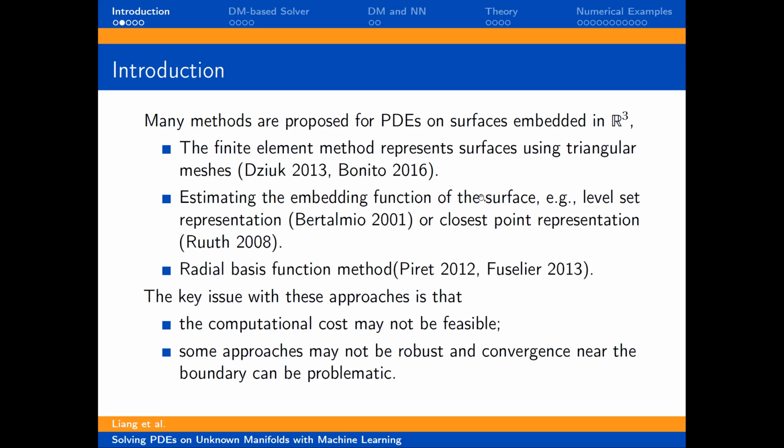For example, the finite element method represents the surface using triangular meshes. Some methods estimate the embedding function of the surface, such as the level set representation or the closest point representation. Also, some methods use weighted-based methods to solve the PDE on unknown manifolds.